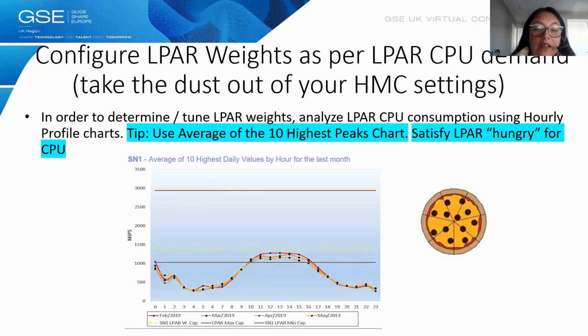What else? So, okay, this is the LPAR hourly profile utilization. This gray line here, or the black line here below, used to be the weight, the minimum MIPS capacity as per their weight, okay? So what happened here?